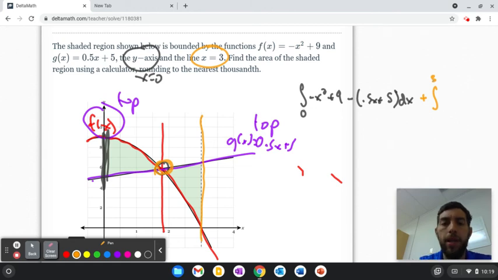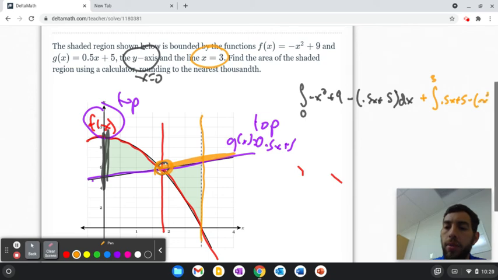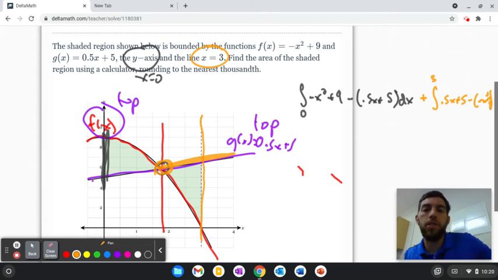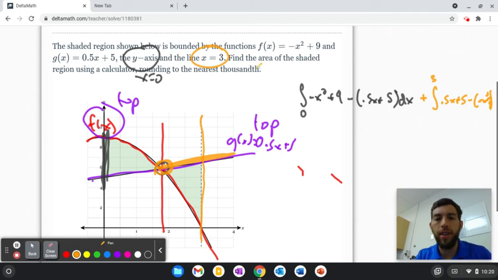Now my top function is the linear equation, 0.5x plus 5, minus my g of x, negative x squared plus 9. Just going to cut off there. So I'm going to do it as really 2 separate problems and then add the answers together. The rounding could be a little bit tricky on this. We'll see how that goes, because we're adding 2 different areas.